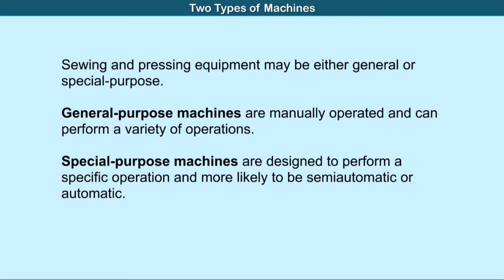Special purpose machines are designed to perform a specific operation and are more likely to be semi-automatic or automatic.